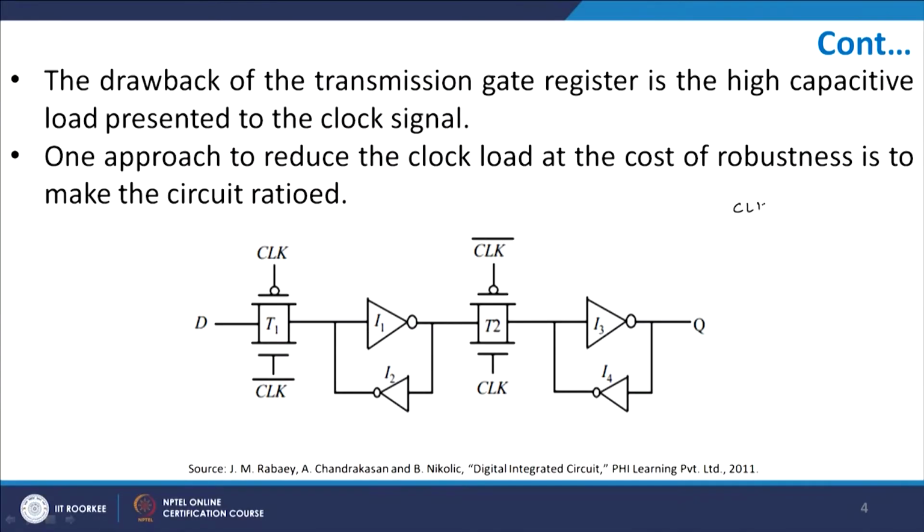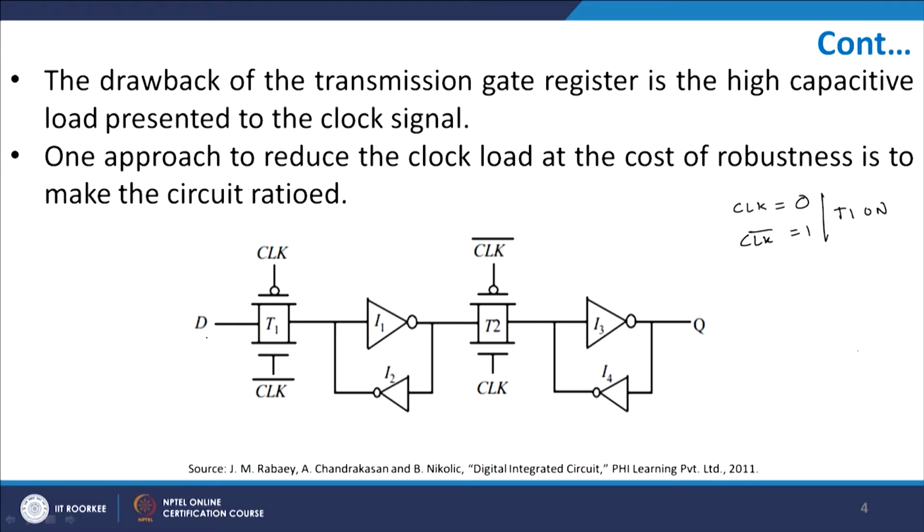What people gave an idea was that let us make it ratioed, and let us make the feedback loop I2 and I4. So, if you look very carefully, this is D. When clock equals 0, clock bar will be equal to 1, which means that T1 will be in on state.